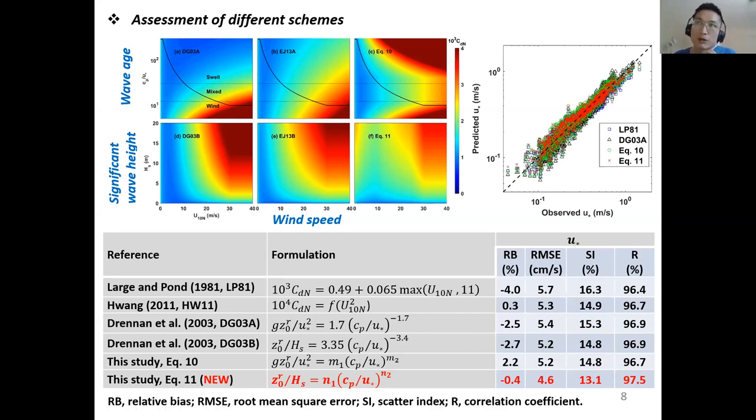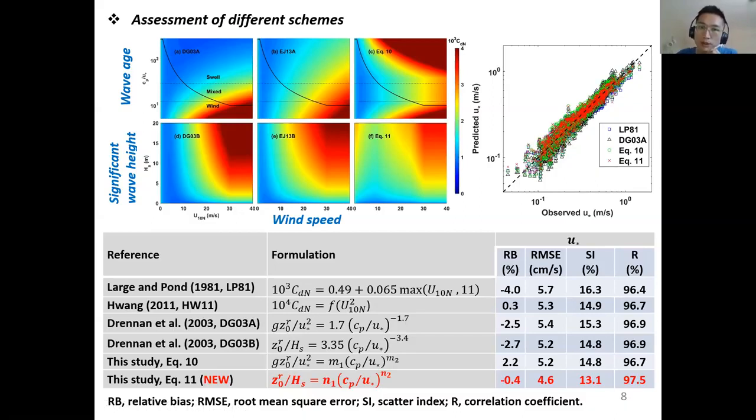And 3 error metrics are introduced to quantify the performances, which are relative bias, root mean square error, scatter index, and correlation coefficient. So the wind speed formulas suggested by Lard and Palm have a larger negative bias, which indicates systematic underestimation of friction velocity.